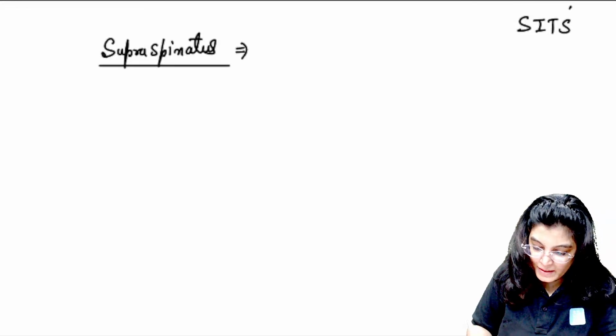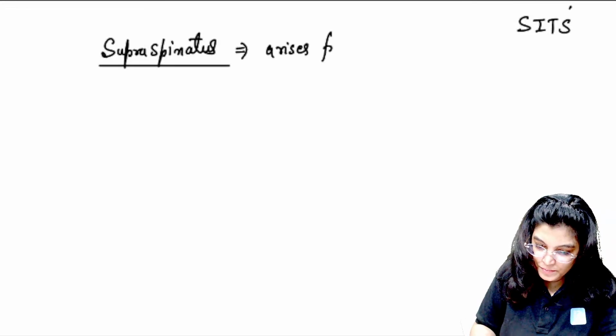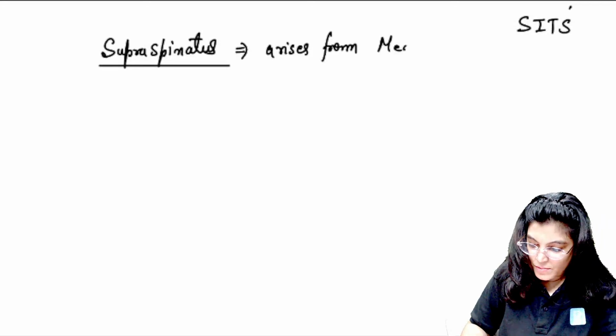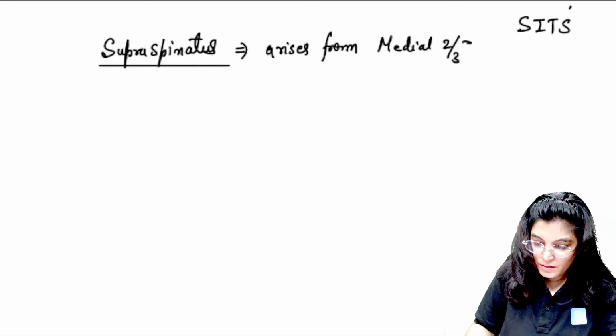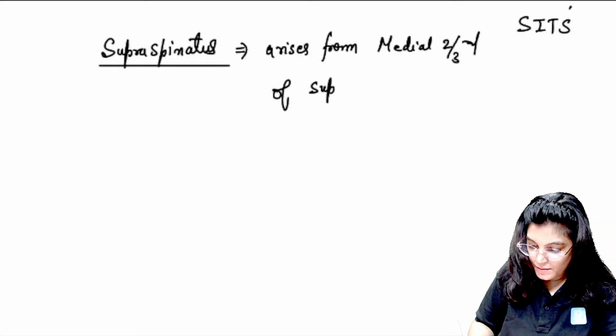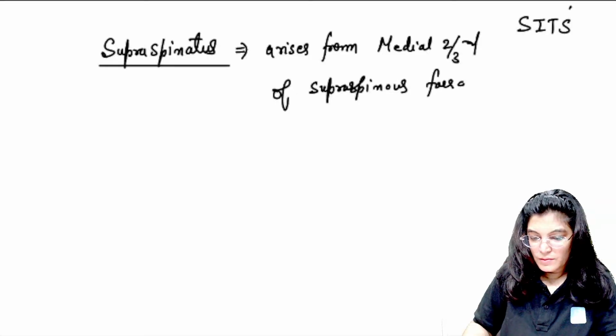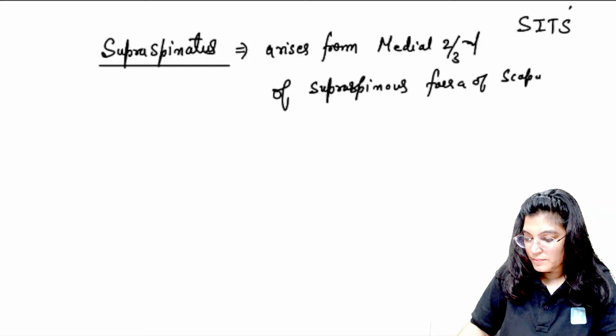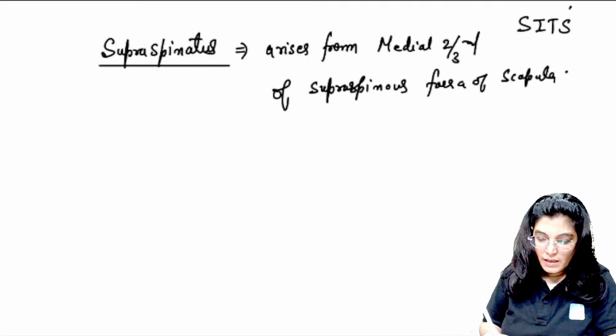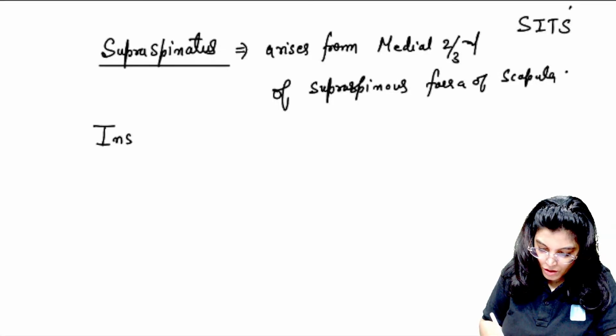The supraspinatus muscle arises from the medial two-third of the supraspinous fossa of the scapula.